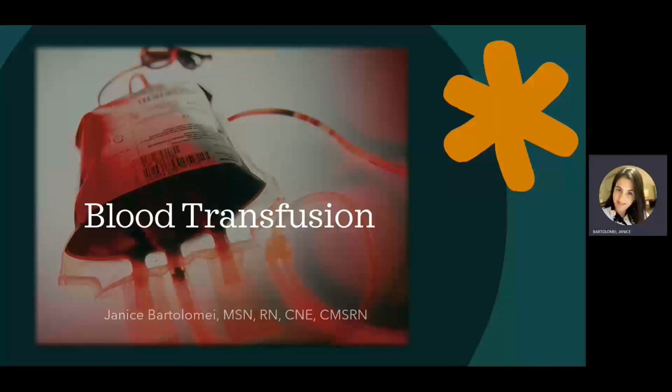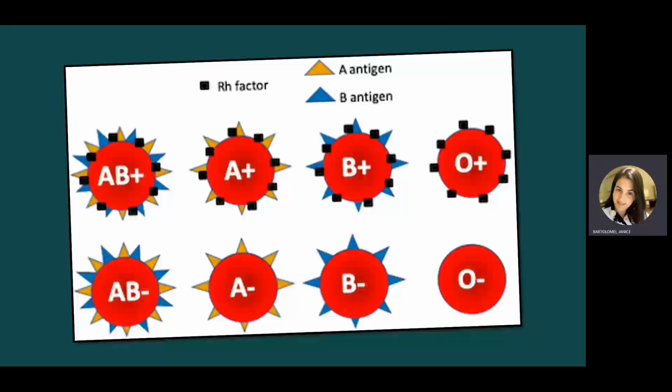Now, let's look at blood transfusions in the sense of what are they composed of? Well, they're composed of sometimes packed red blood cells or platelets, or sometimes it's plasma. But within the red blood cells, we do have these two, three, actually four types of blood.